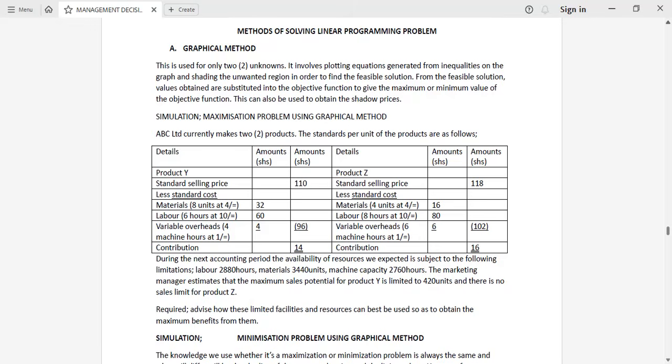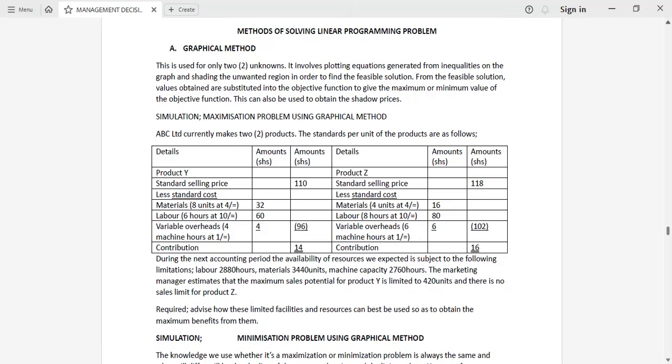So it involves plotting equations generated from the inequalities on the graph and shading the unwanted region in order to find the feasible solution. The feasible solution, we've not talked about it, but it's the area of focus. It is the area that is going to help us solve the objective function, or what we want to achieve.